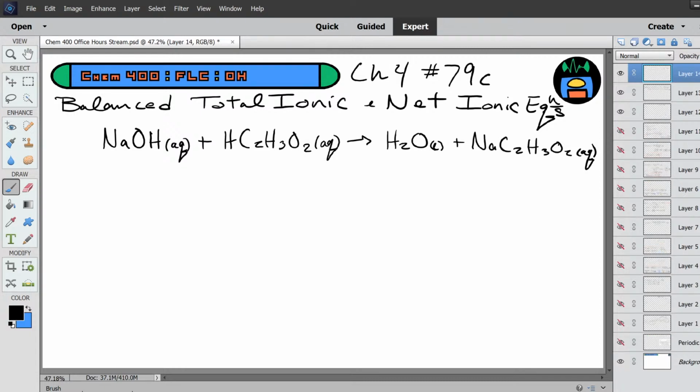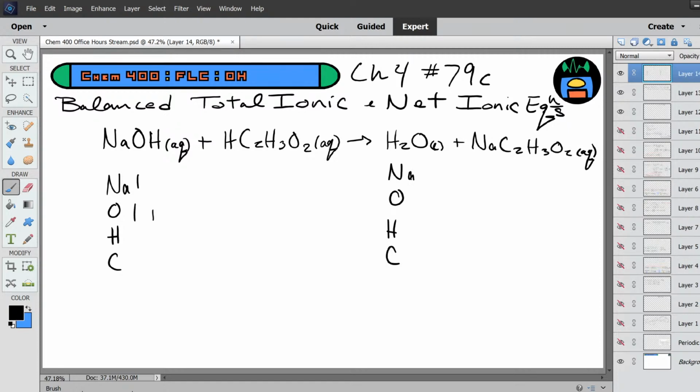All right, so first, we just need to make sure that this equation is balanced to start with, because if we start rolling on the ionic equation stuff and it's not, then we're screwed. Our answer will not be correct. So let's check things out really quick. We have 1 sodium on our reactant side.